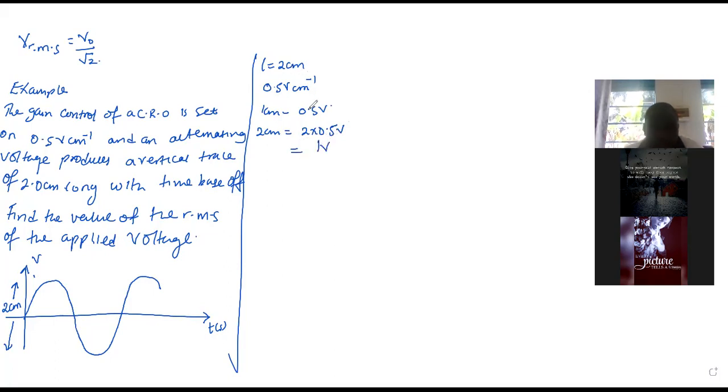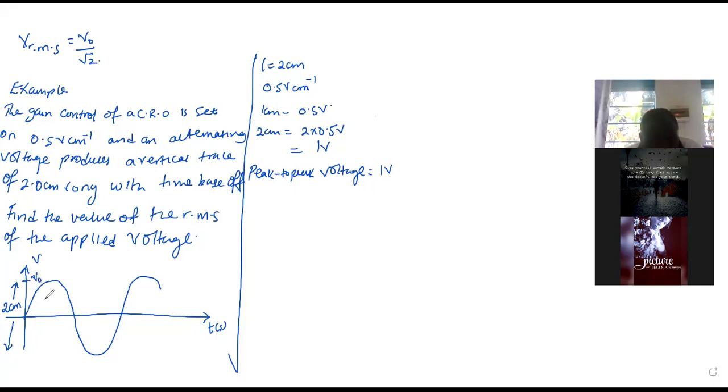So this length of 2 centimeters corresponds to 1 volt. And with that, it means the peak-to-peak voltage is actually 1V. So if the peak-to-peak voltage is 1V, what is the peak voltage here?